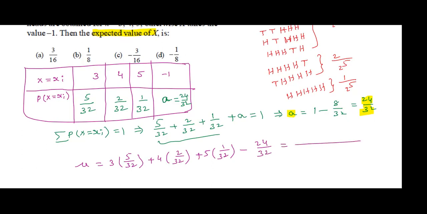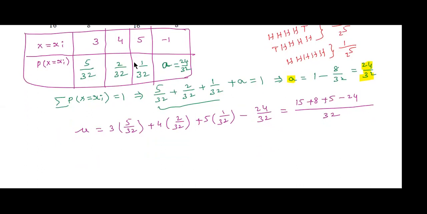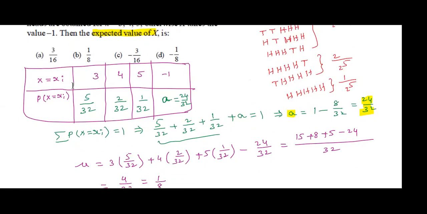Overall, observe this. 32 is the LCM. 5 3s are 15, 2 4s are 8, plus 5, minus 24, divided by 32. 28 minus 24 is 4. So expected value we are getting is 4 by 32, that means 1 by 8. This is the answer. 1 by 8 is the answer.